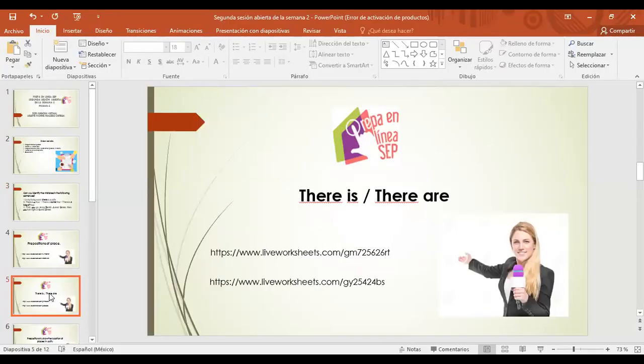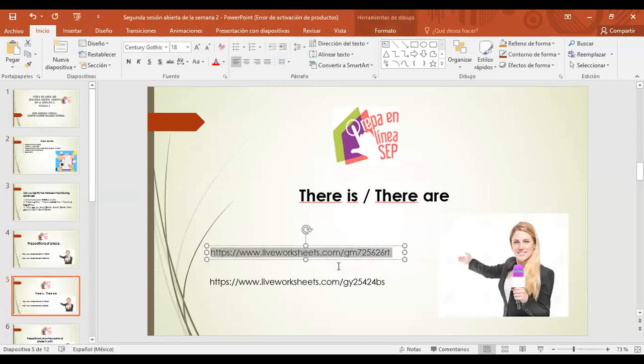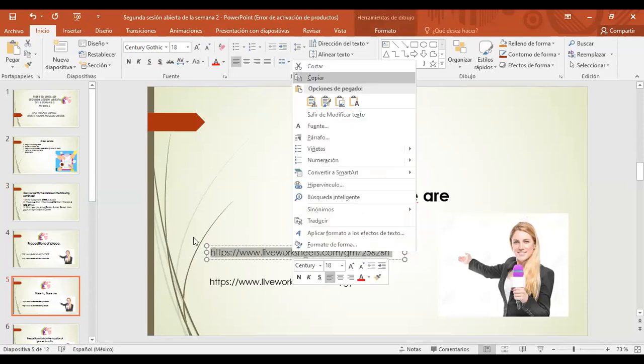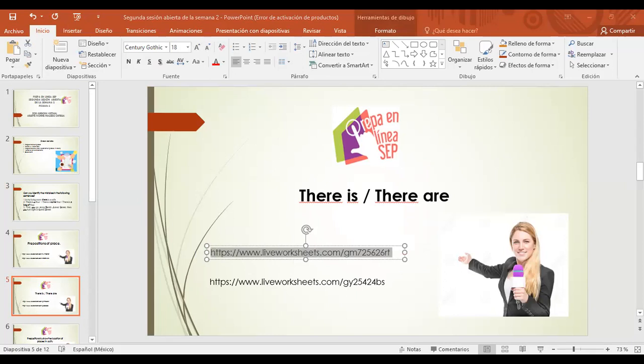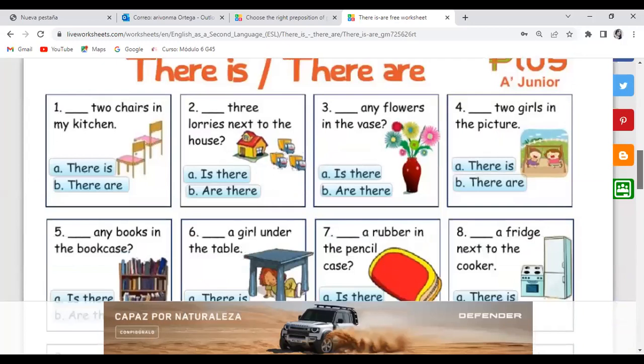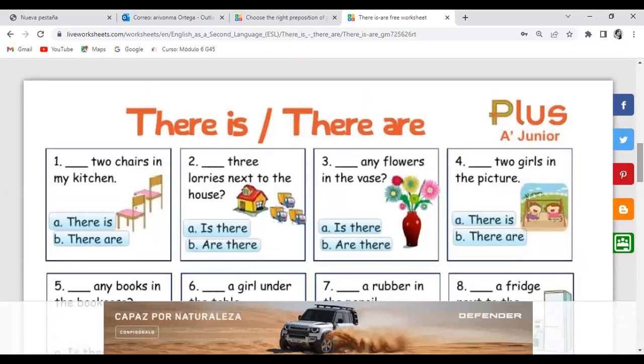Well, now let's move on. There is and there are. We have already seen there is and there are. And let's do some exercises to practice this. Look, guys, in this exercise, you will put into practice there is and there are, but in the three forms.